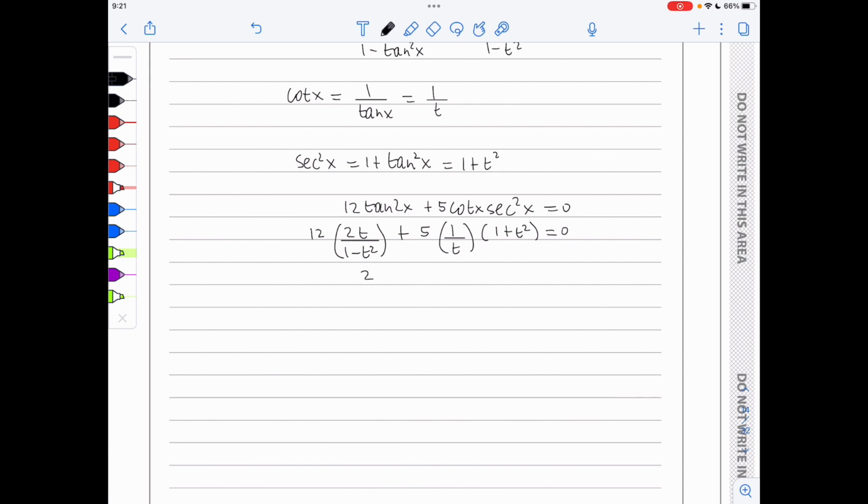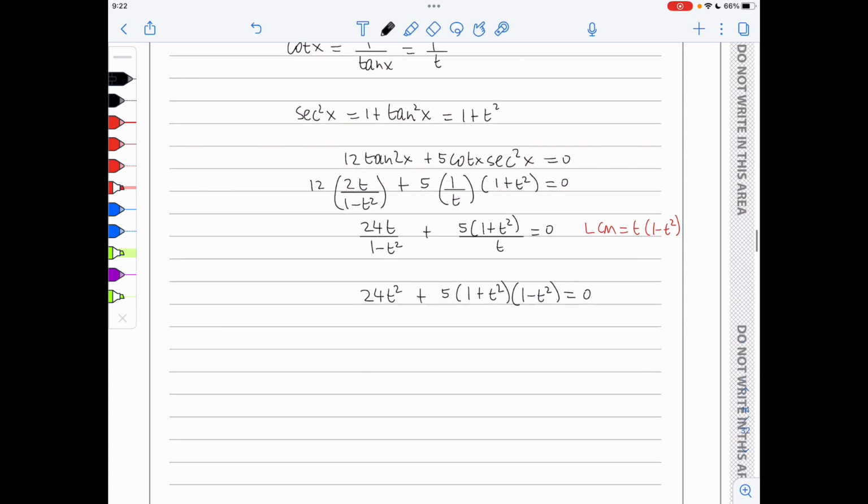We've got 24t over 1 minus t squared plus 5 times 1 plus t squared over t is equal to 0. The LCM here is 1 minus t squared times t. So I will multiply the first fraction by t to give me 24t squared, and the second one by 1 minus t squared to give me 5, 1 plus t squared, 1 minus t squared.